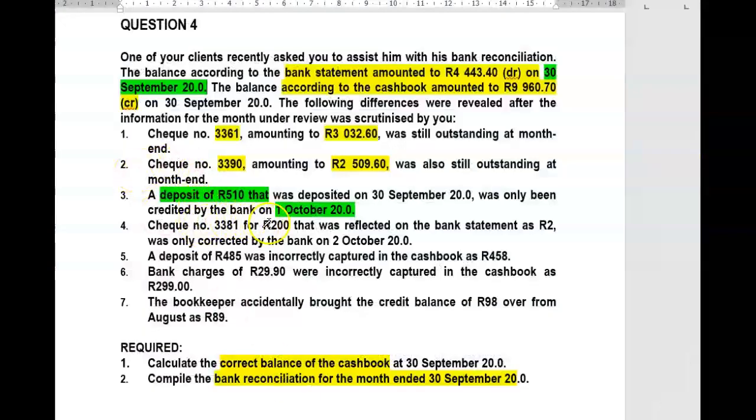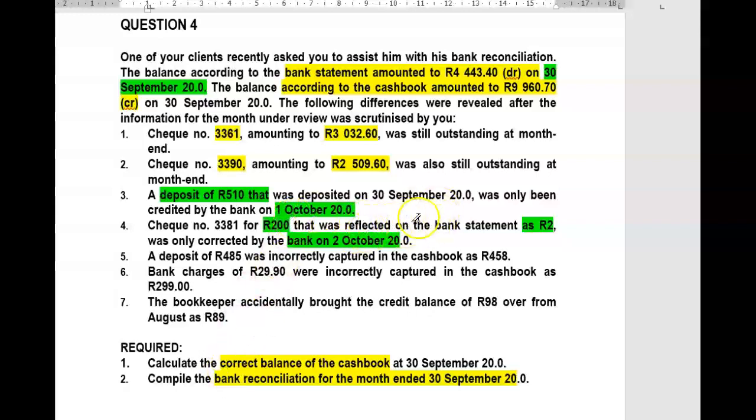Check number 3381 for 200 Rand was reflected on the bank statement as 2 Rand and it was only corrected by the bank on 2 October. Whose mistake was this? It was the bank's mistake, so the bank must pass a correcting entry. They only showed a balance of 2 Rand for a check, but it was supposed to be 200 Rand.